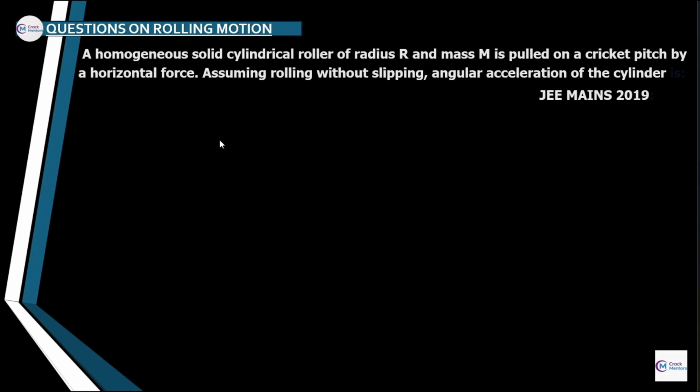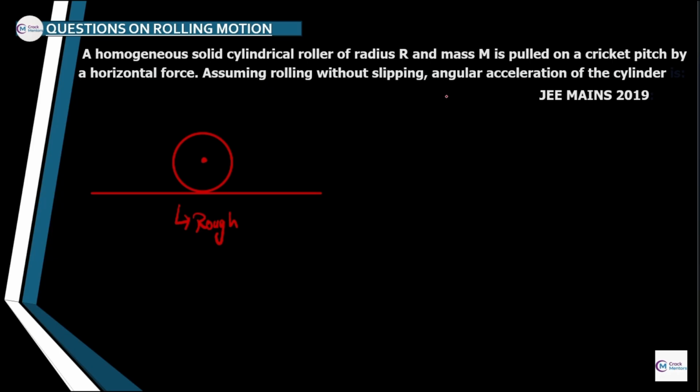What this question is basically asking: let us assume this is the surface, and as we know, the cricket pitch is of rough nature. Here we have a cylindrical roller which is rotating about this axis, of course, and it has radius r.